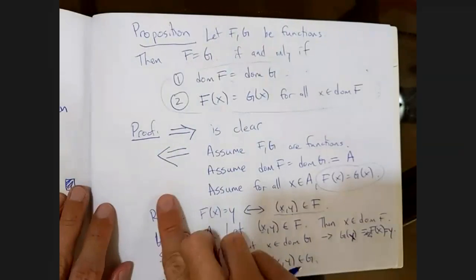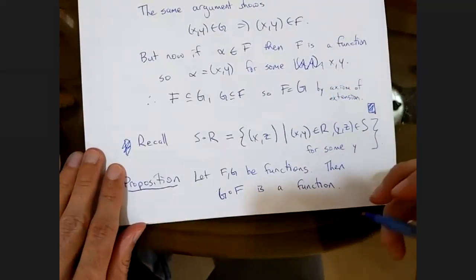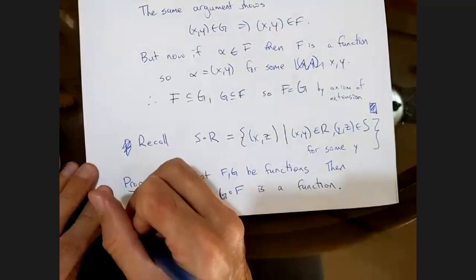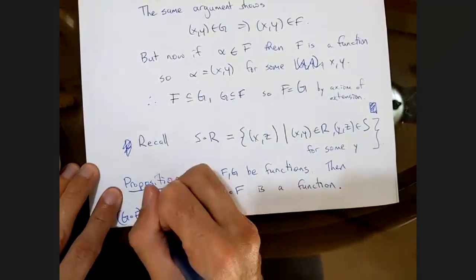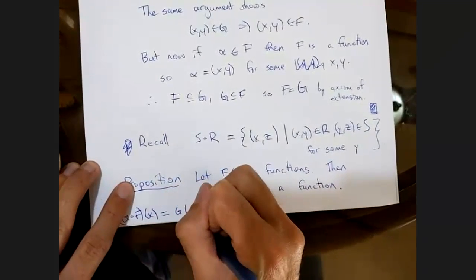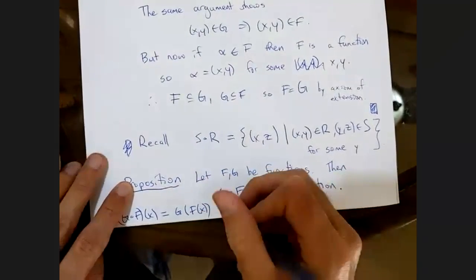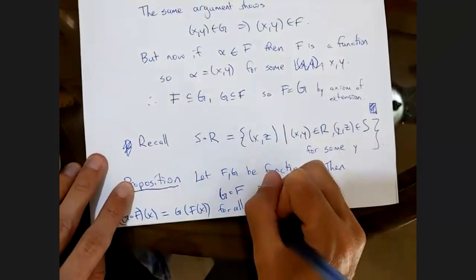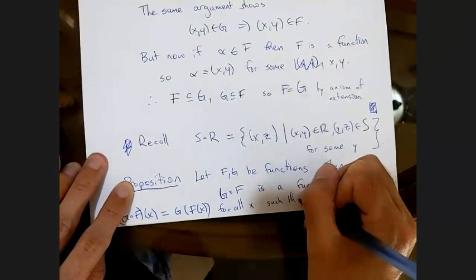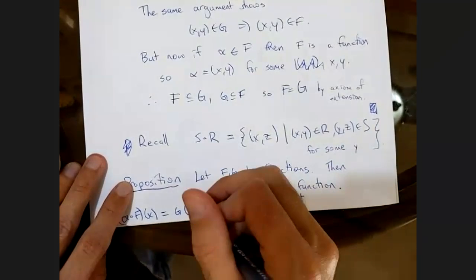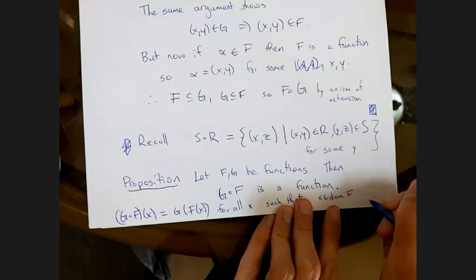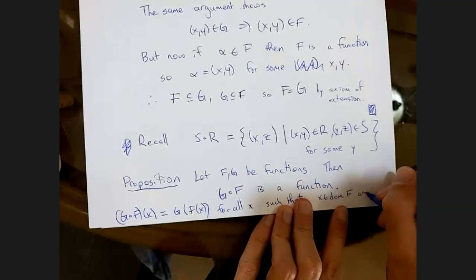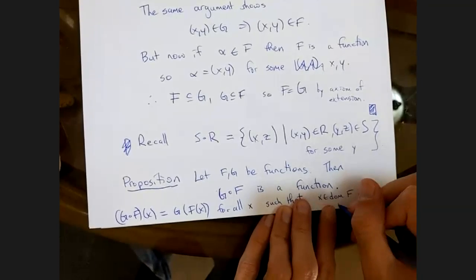Proposition. I should also put in a note about what g of f is. g of f is a function, and g of f of x is just g of f of x for all x such that x is in the domain of f and f of x is in the domain of g.